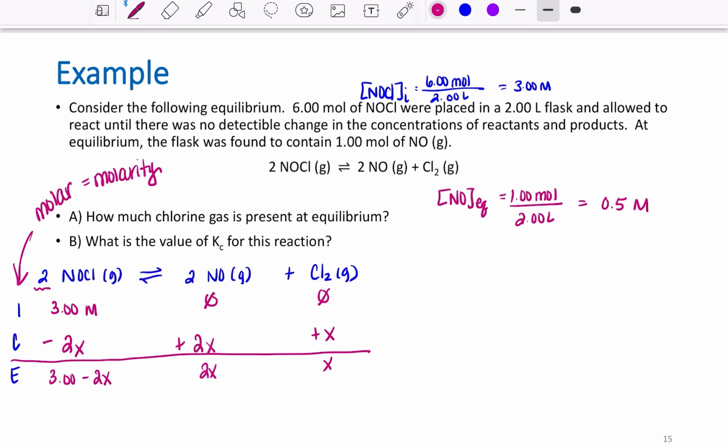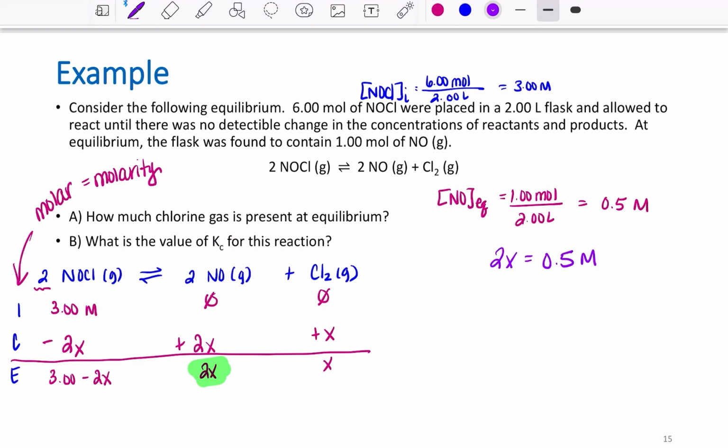But I also know from my ICE table that at equilibrium, NO concentration equals 2x. So that means that 2x is equal to 0.5 molar. I'm told I have 1 mole, and it's a 2-liter flask, which means it's 0.5 molar. I also know, based on my RICE chart, that at equilibrium, I have 2x molar of NO present.